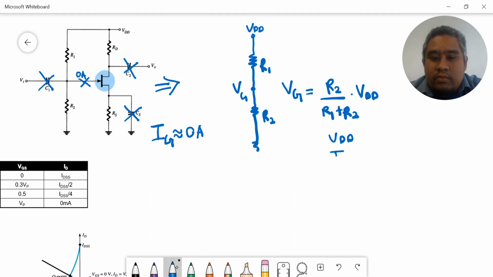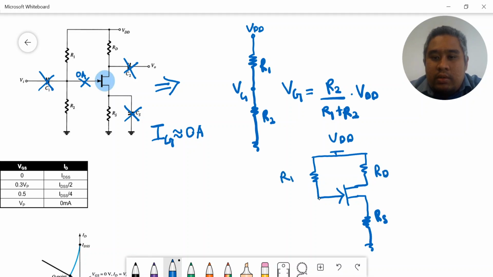We can draw again. This is our JFET. RS, RD, R1, R2.